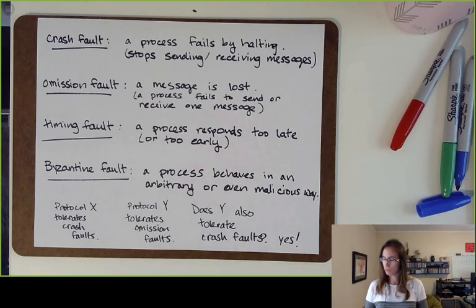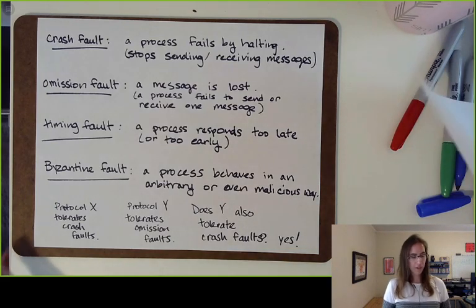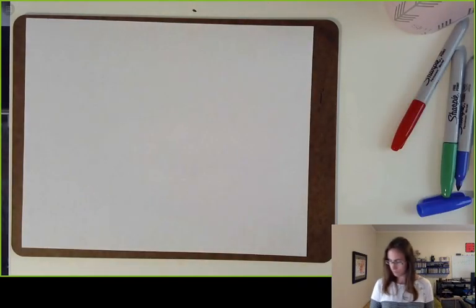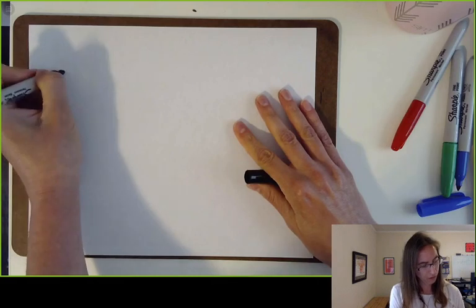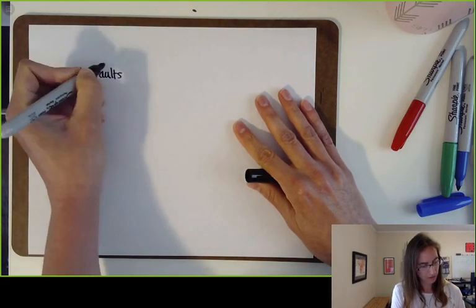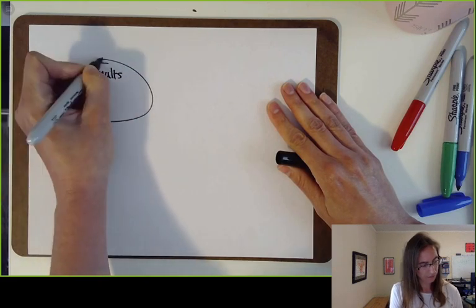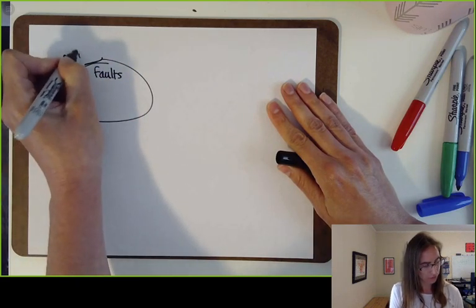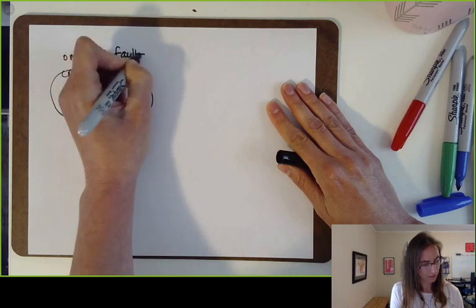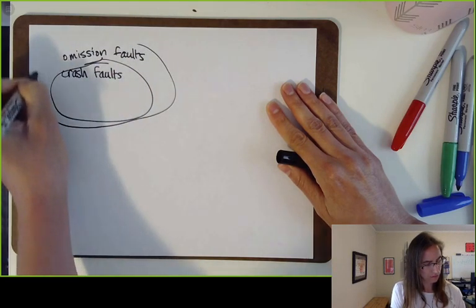And we can draw a picture illustrating how these different categories of faults are nested. So we can say crash faults are here, and omission faults are here.